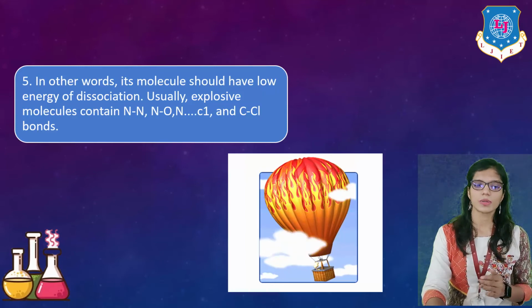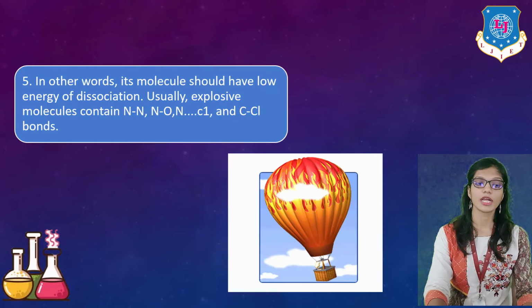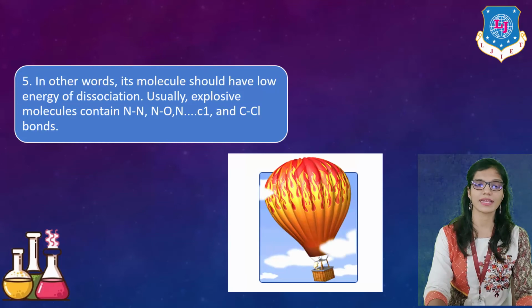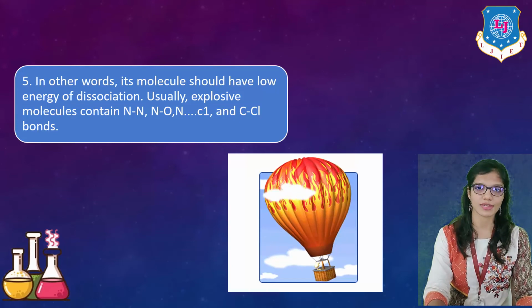In other words, its molecule should have low energy of dissociation. Usually, explosive molecules contain N-N, N-O, N-C, N-Cl and C-Cl bonds, so that they can be easily broken down and can give us a tremendous amount of energy.